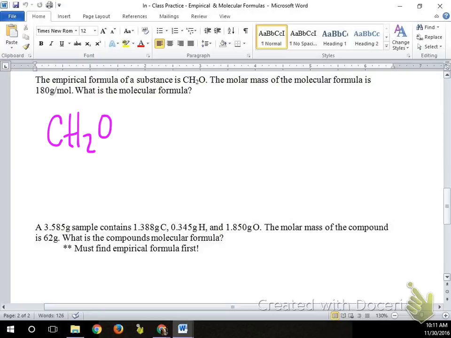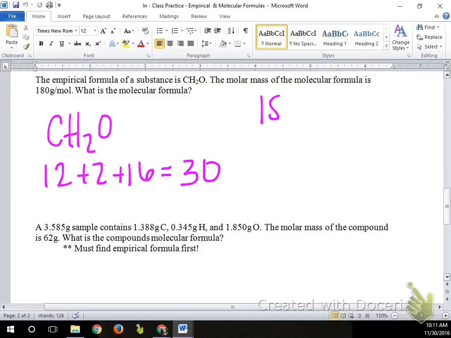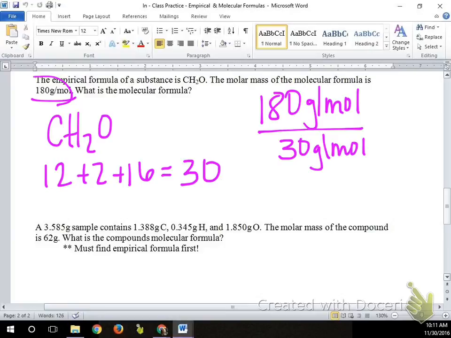So we need to find the molar mass of that empirical formula first. 12 plus 2 plus 16 gives us a molar mass of 30 grams per mole for that smallest ratio. If I want to find at what magnitude I increased the size of this formula, I'm going to take the molar mass of the molecular formula, which was given, 180 grams per mole, and divide that by the empirical molar mass, which gives us 6.